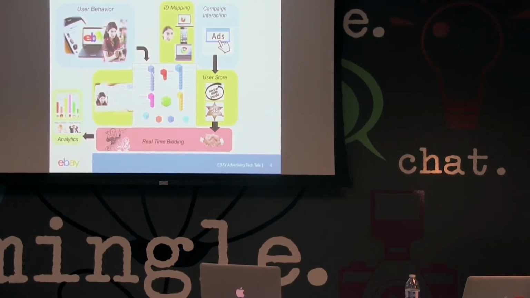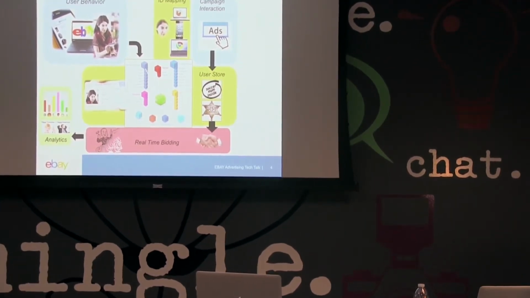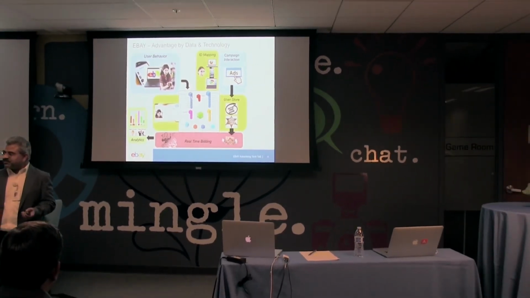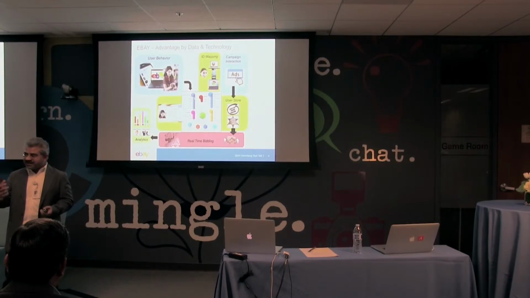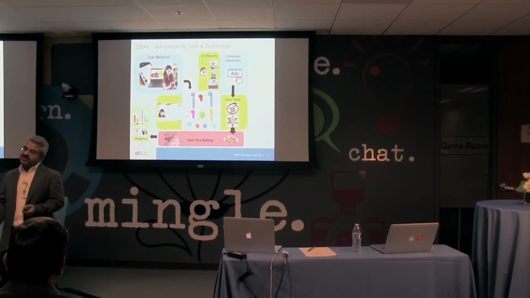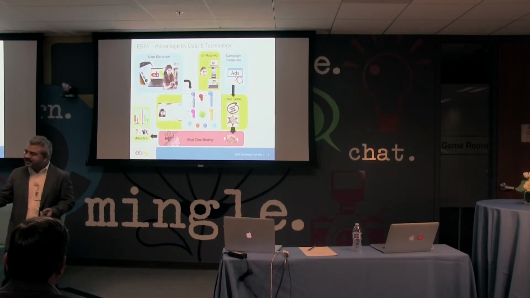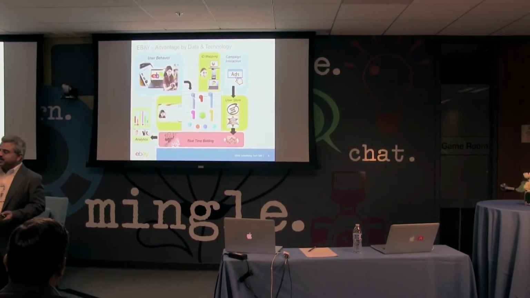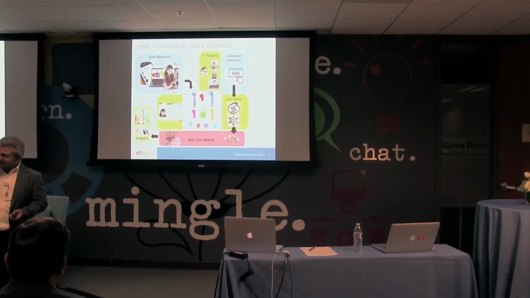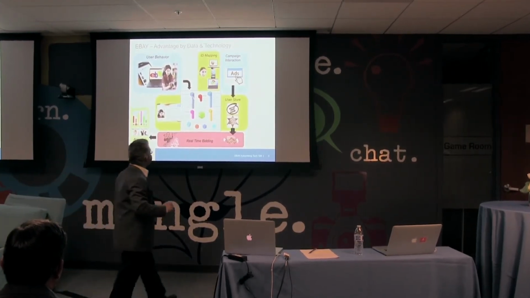And we are showing ads to them on mobile and off mobile, and when they are clicking on mobile, lots of people don't click on mobile. They won't make a purchase on mobile, but that has an influence on their buying decision. And that's the important part. You're driving home, you see an ad, you're not going to buy it there, but maybe it's in the back of your head. And that's what we want to be able to connect and predict. And that's where some of these technologies come in.